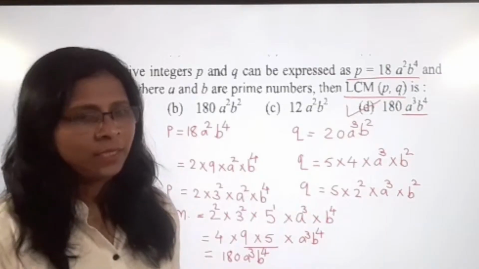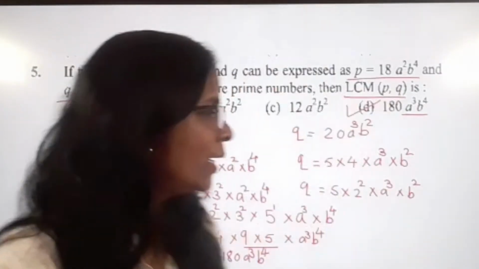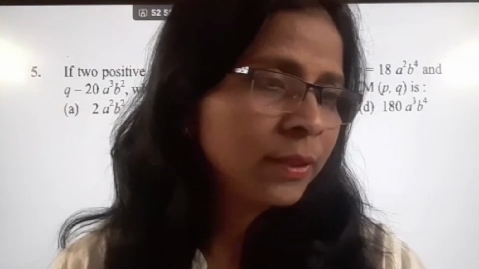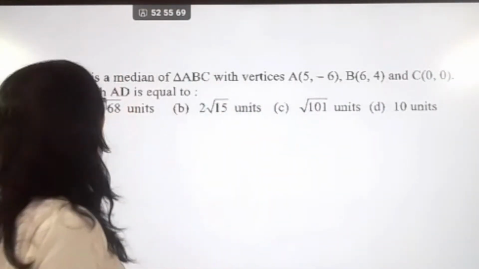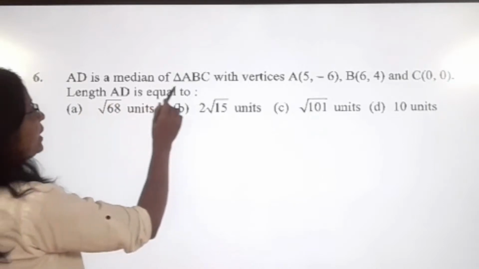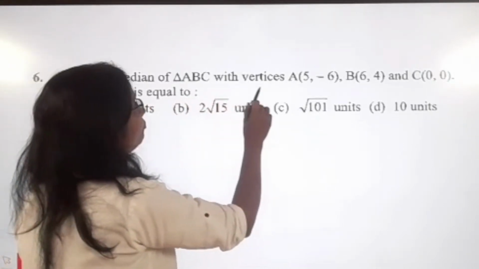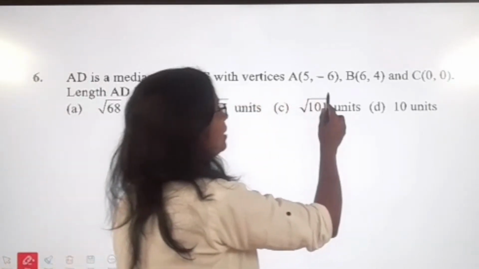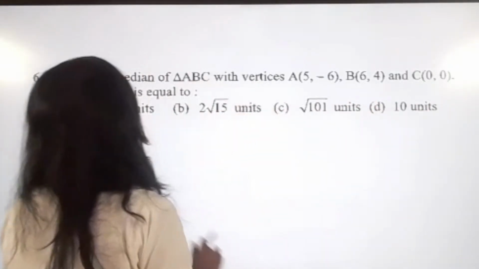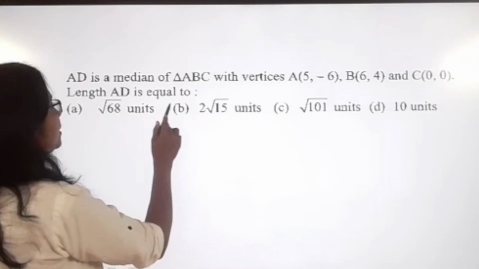Okay students. Then next one, example 6.1. AD is a median of triangle ABC with vertices A (5, minus 6), B (6, 4) and C (0, 0). Length AD is equal to?